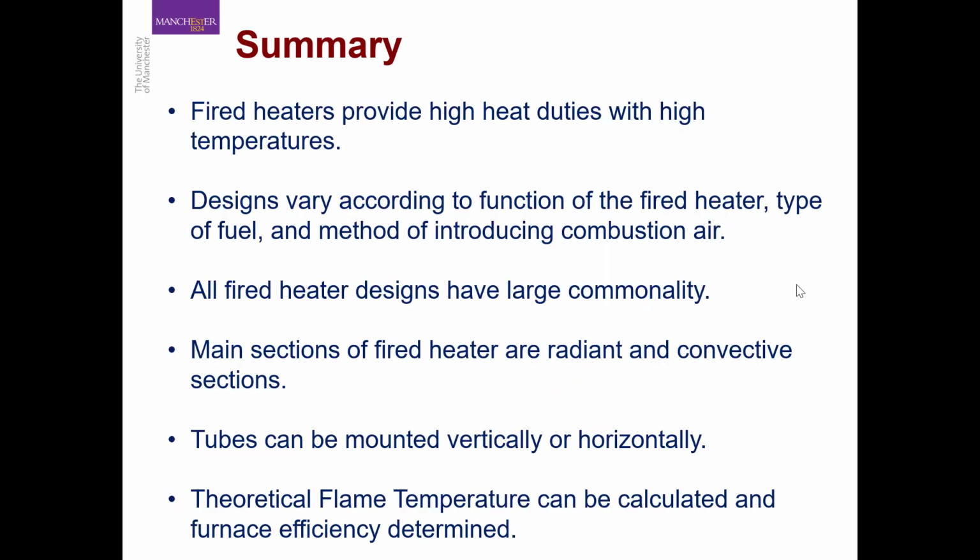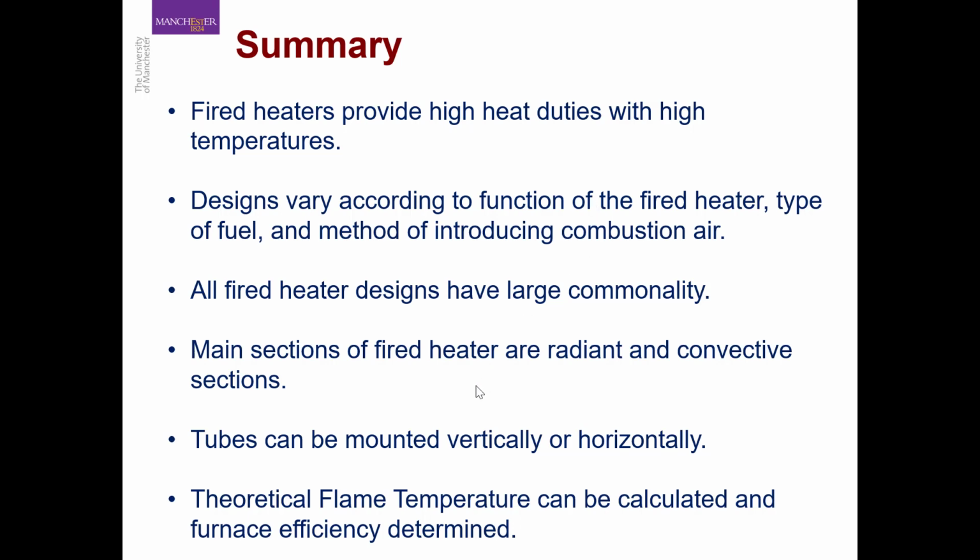So just to summarize, fire heaters are used in process plants when you require high temperature utilities and high heat duties, and the design of the furnace depends very much on the application you are using it for, the type of fuel you are using, and how you are introducing air to the furnace.